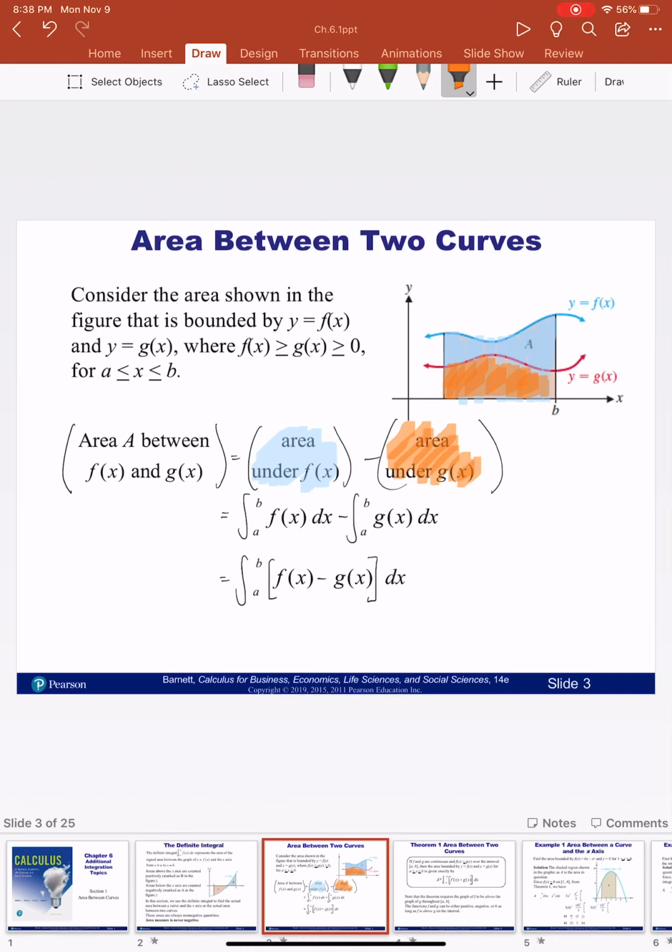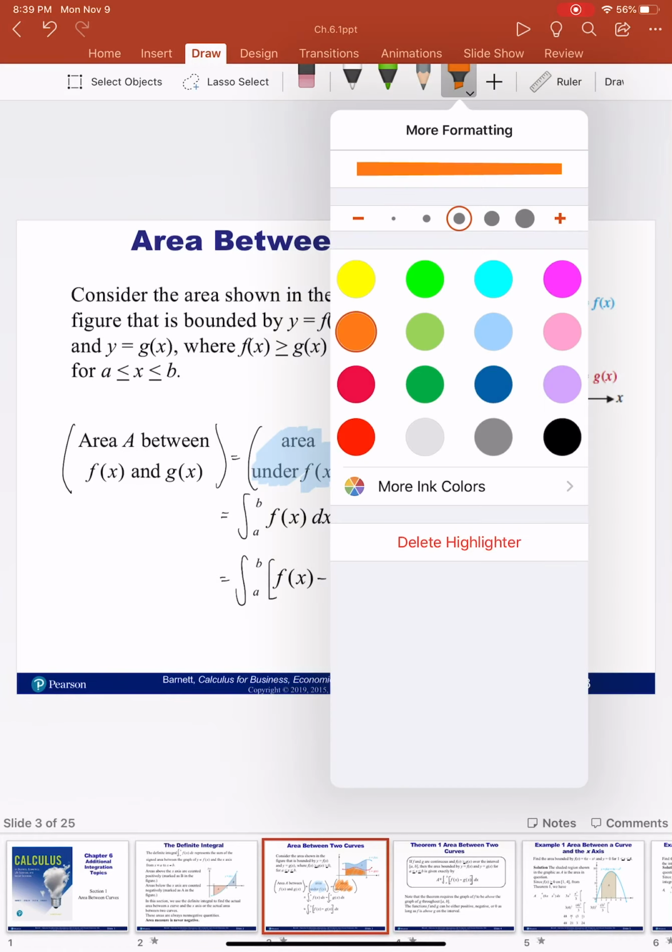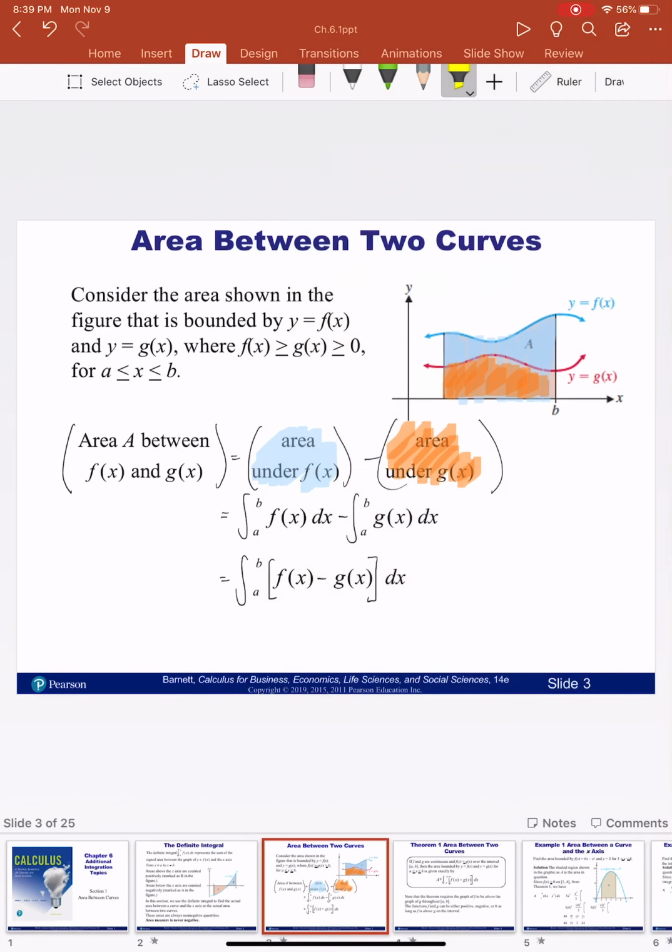That's what we did, one curve at a time. Now, if you look at the blue one, subtract the orange one, then you're going to have this remaining piece. And that's what the area A between f of x and g of x is. So we are basically finding two areas and then just subtracting between the two.